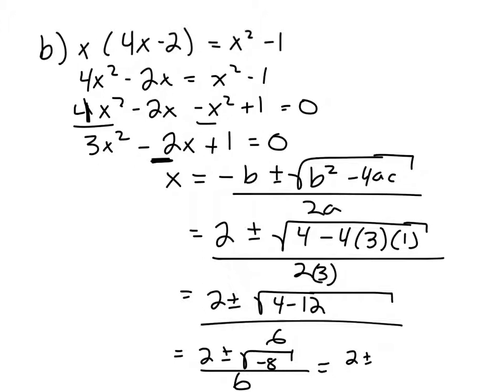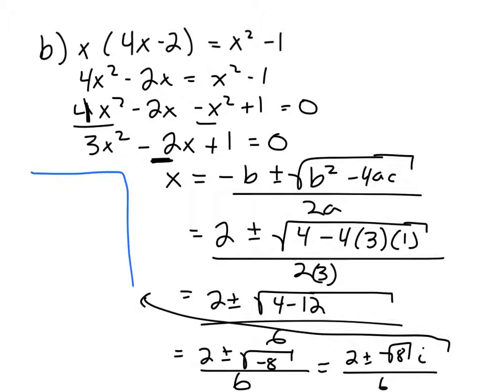If I'm allowed to use imaginary numbers, I can say that is the square root of 8 times i. All right, so I kind of ran out of room there, so I'm going to move this over here. So now I have 2 divided by 6 plus or minus the square root of 8 times i. Now, the square root of 8 is the same thing as the square root of 4 times 2. So I can simplify that a little bit.